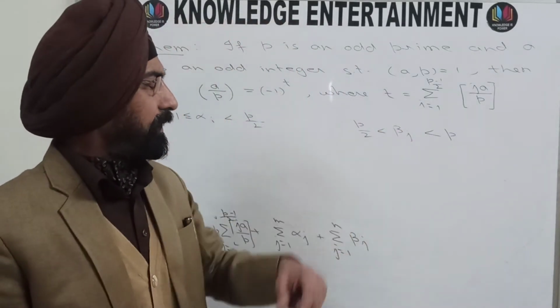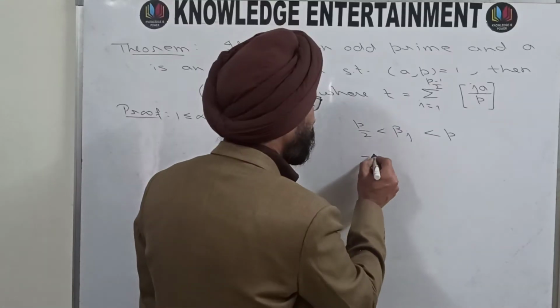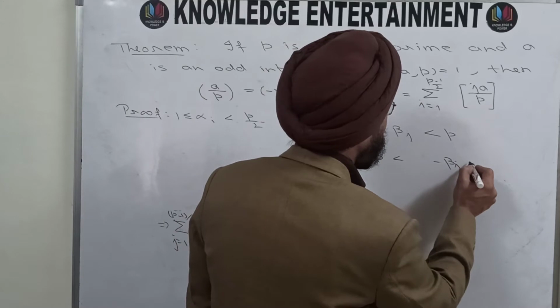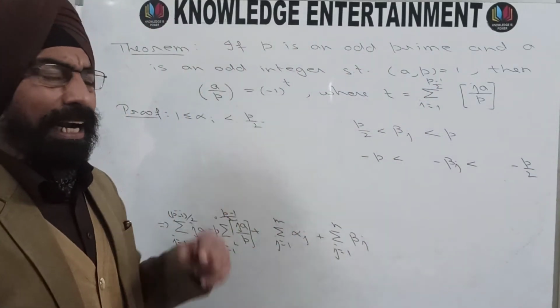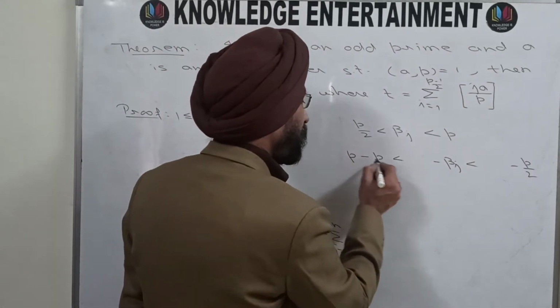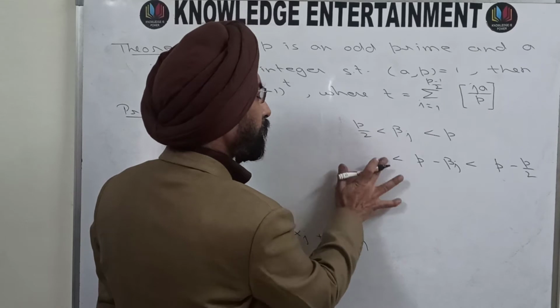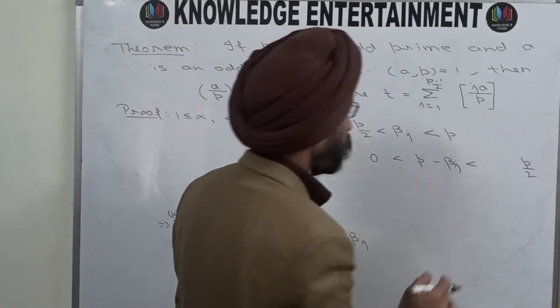So multiply by a minus sign first of all on both sides. What you are going to get is minus p is less than minus beta j is less than minus p by 2, and add p to it. Adding p, you will get this step, and p minus p means 0, and p minus p by 2 means p by 2.